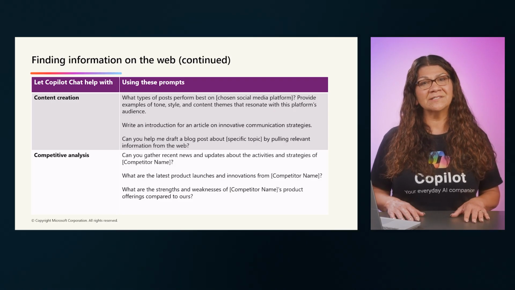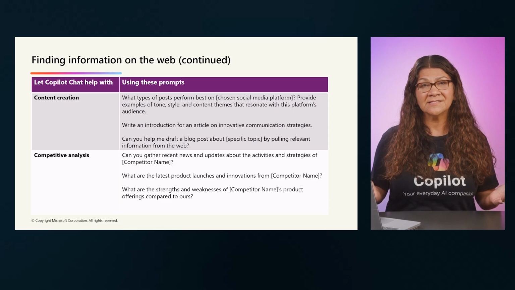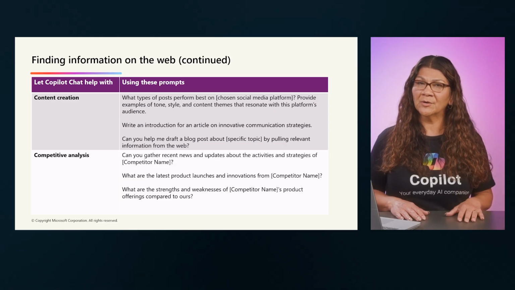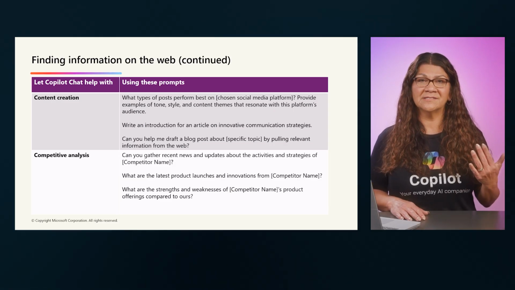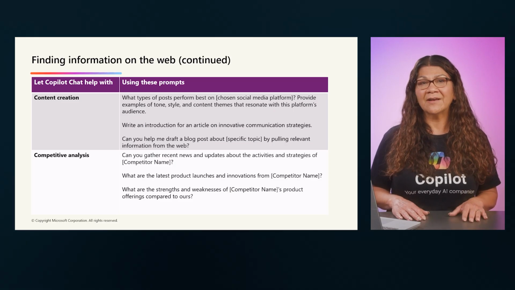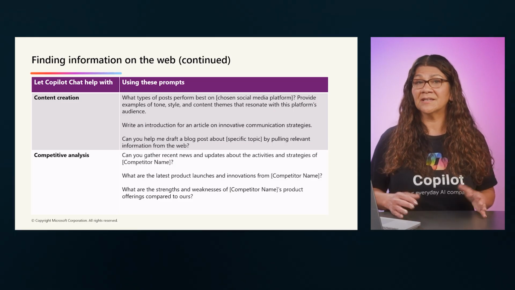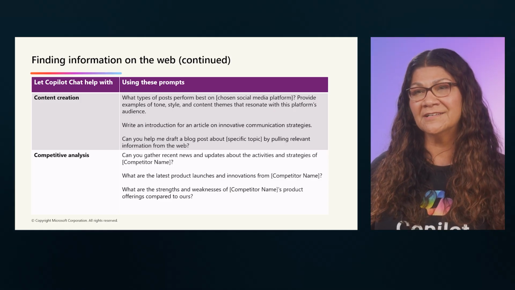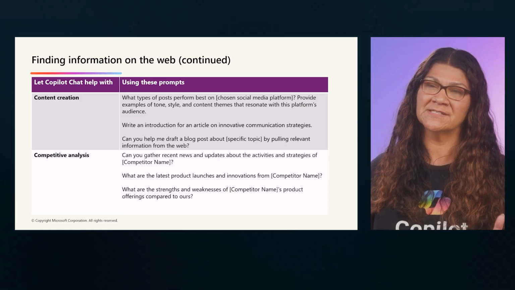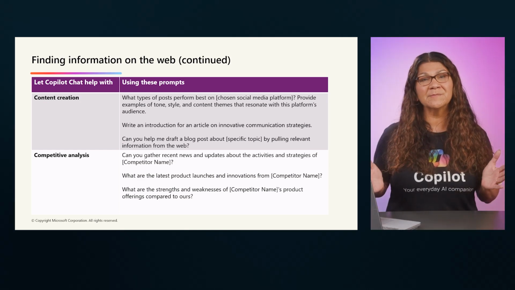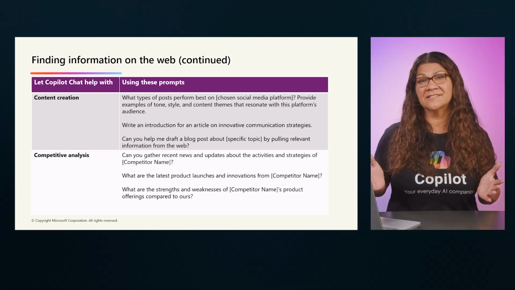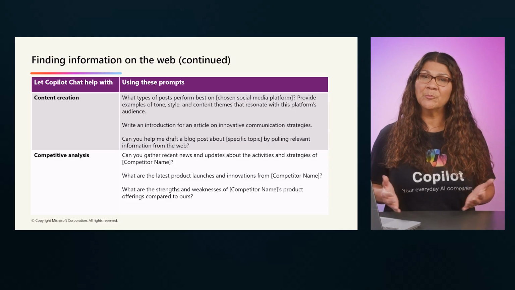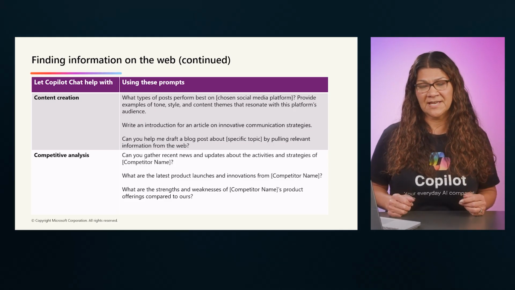You can ask it what types of posts perform best on a specific social platform, exploring the tone and style trends, or even draft an introduction to a topic using fresh insights. A best practice here is to pair content questions with platform specifics, like what performs best on LinkedIn versus Instagram, so your output matches audience expectations.